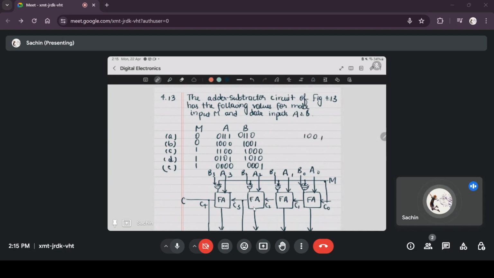And 1001 is, 0110 plus 1 is 7, it's minus 7.